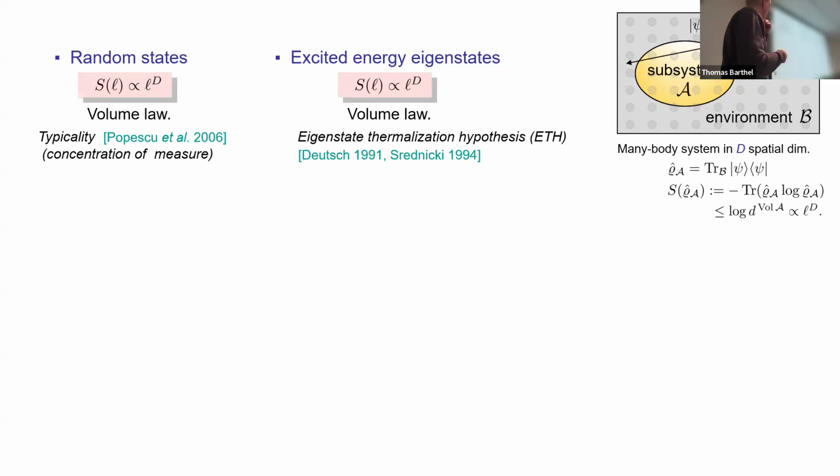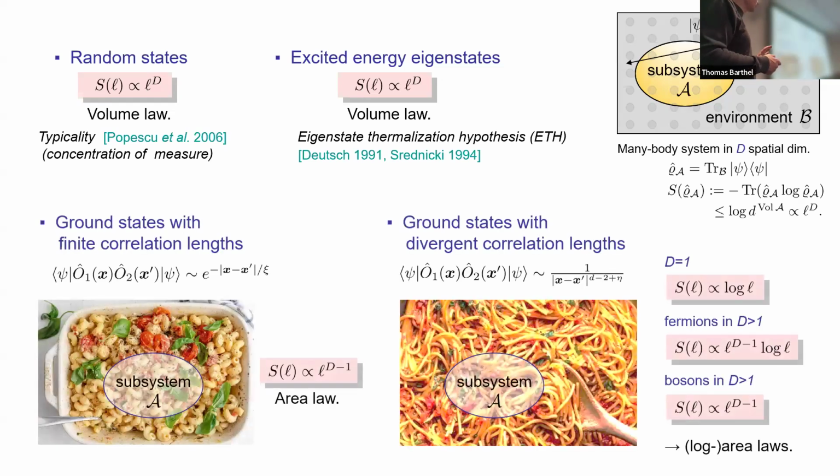And the same you get if you pick random states: you get maximally entangled states, or at least something proportional to the volume law. Also, if you go to highly excited energy eigenstates, you will also find the volume law, according to the eigenstate thermalization hypothesis. But the story is very different if you go to low energies. So now we look at just the ground states.